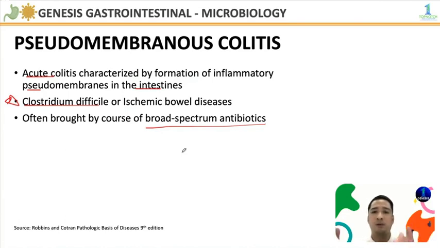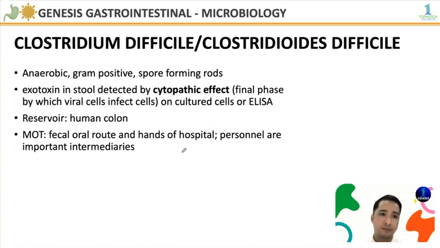Given the fact that you know the causative agent, the first thing you have to do is to stop the medication. And how are we going to treat this? Stop the medication and give the drug of choice for pseudomembranous colitis, metronidazole, and an alternative drug, which is oral vancomycin.